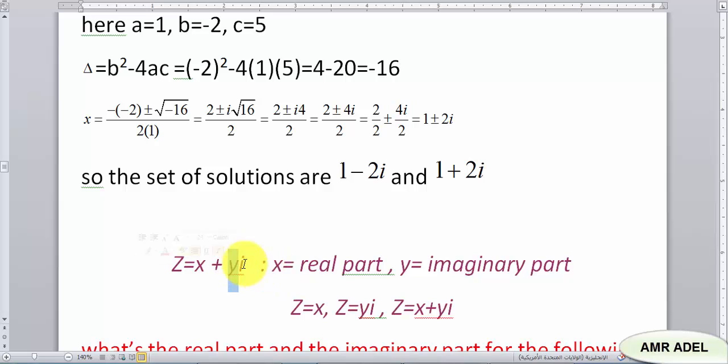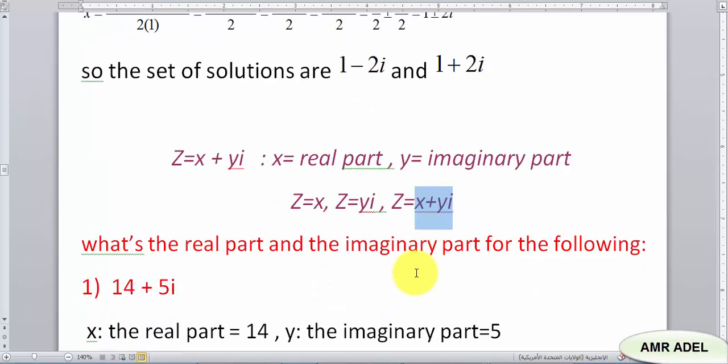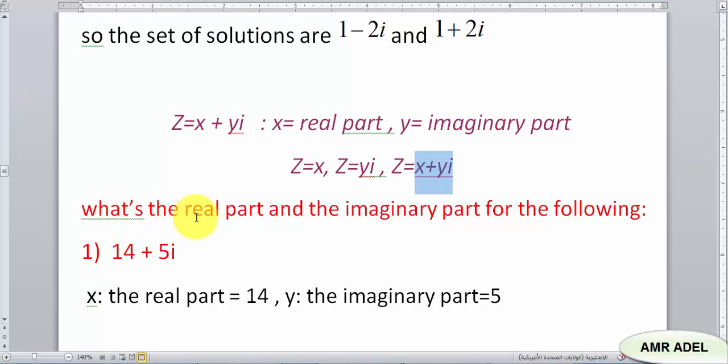It can be x alone with y equal to 0, or y alone with x equal to 0, or x and y together, real and imaginary. This one is called pure real, this one is called pure imaginary, and this one is real and imaginary, which is the complex number.